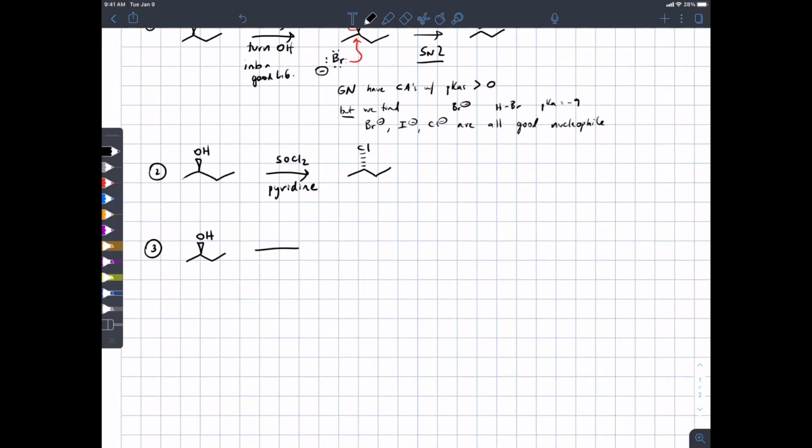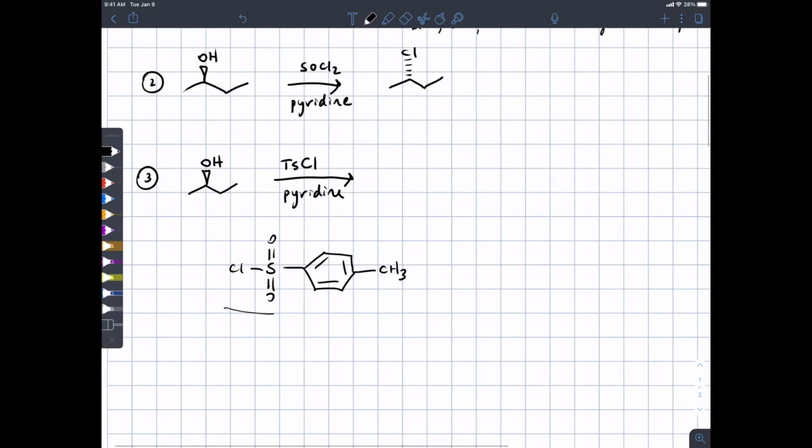But we introduced a new reagent called paratoluene sulfonyl chloride, and you need a base with this one. That reagent looks like this, which I think I drew for you last time. Toluene stands for a benzene ring with a CH3 group. The sulfonyl chloride is this portion of the molecule.